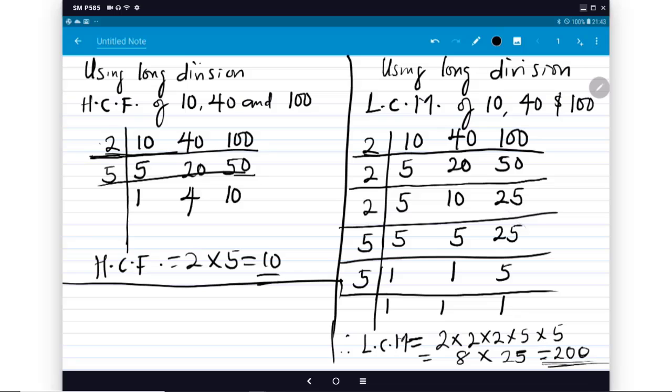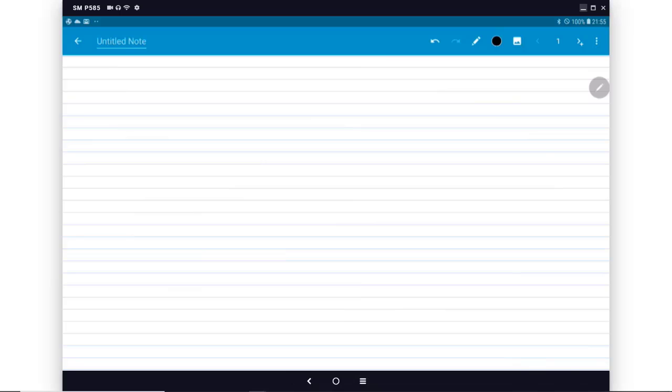Now, let's check the second method, which is the prime factorization method. In the prime factorization method, which we'll still look at later, we try to express the numbers in prime factorization in order to find our HCF and the LCM.